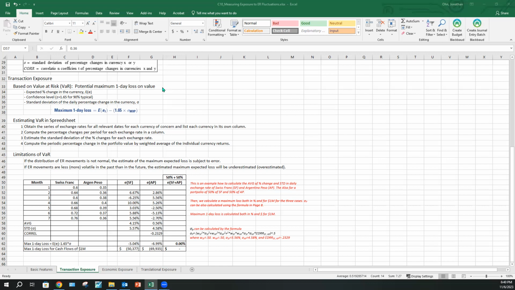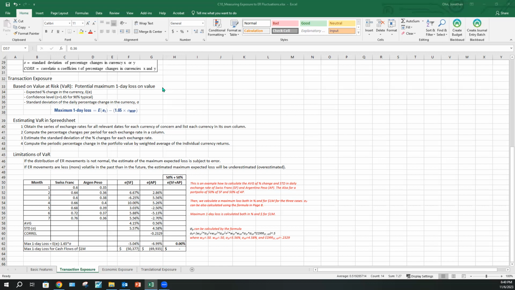In this case, multiple currencies. MNCs are involved in multiple international businesses, and therefore they are involved in multiple foreign currencies. So if you have multiple currencies in the portfolio, there is a kind of risk diversification.